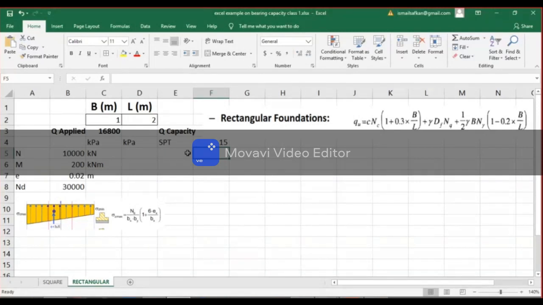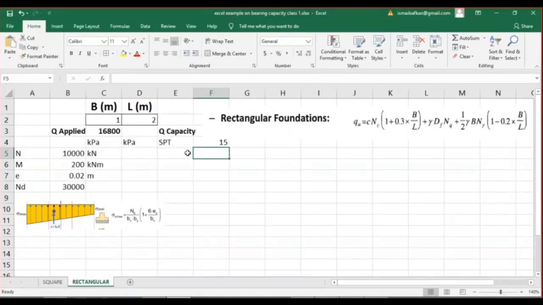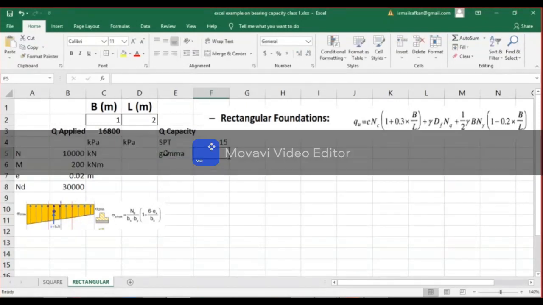Some students ask me questions. SPT N is the site investigation technique which is utilized initially before we start design. Then what other parameters we have? Gamma, the unit weight, it was 18.